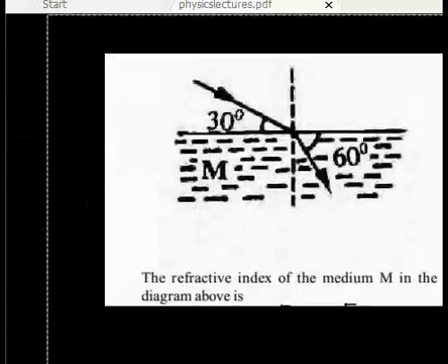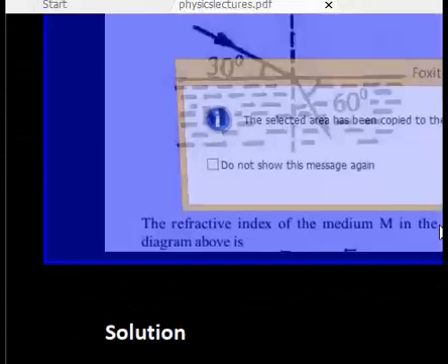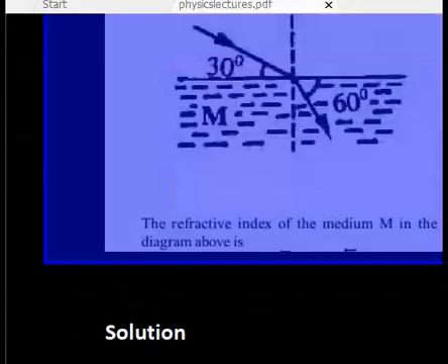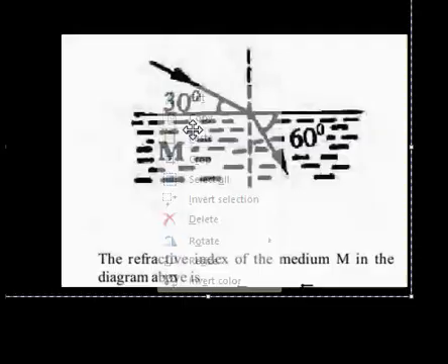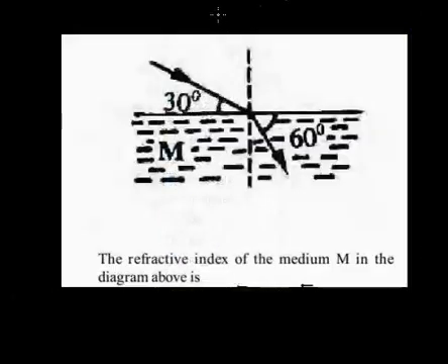I have a question here that we'll have to tackle, so let's do justice to it. This is a diagram, and this is the incident ray and this is the refracted ray. The angle of incidence is not given, but rather the glancing angle.